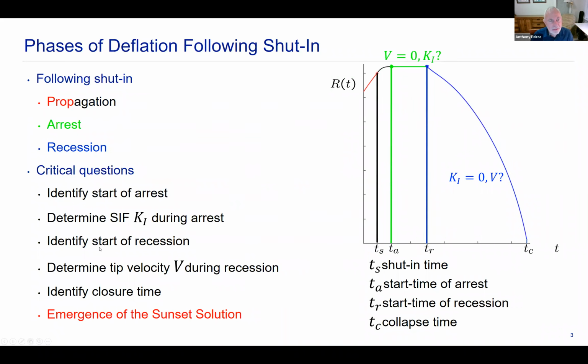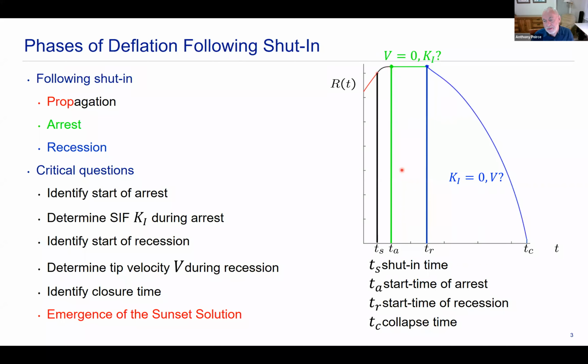Okay, so this is a diagram that Emmanuel put up. I've sort of adopted it. There are basically 4 phases in the life of a hydraulic fracture. There's propagation before arrest, and the shut-in point, t sub s, is denoted by a black line. We'll adopt the color code that black is for the post shut-in solution.